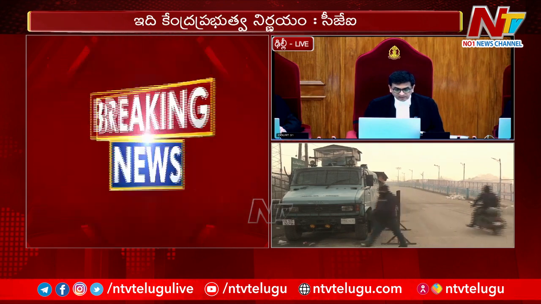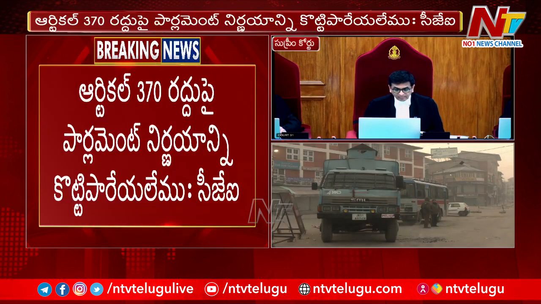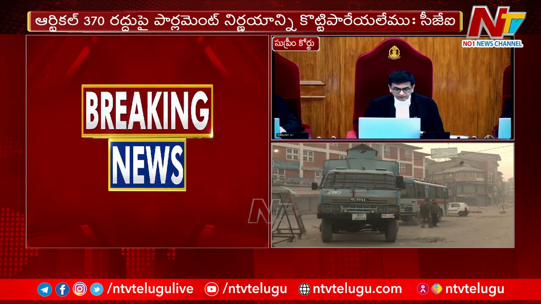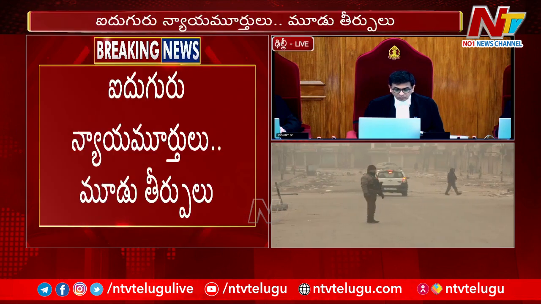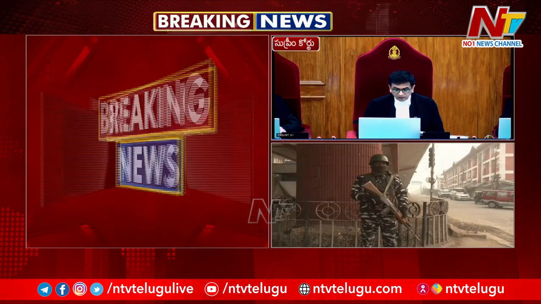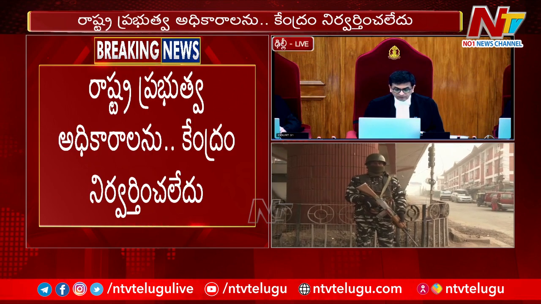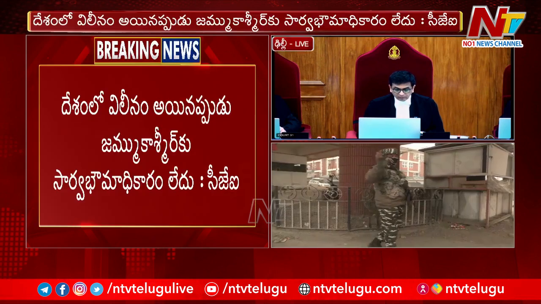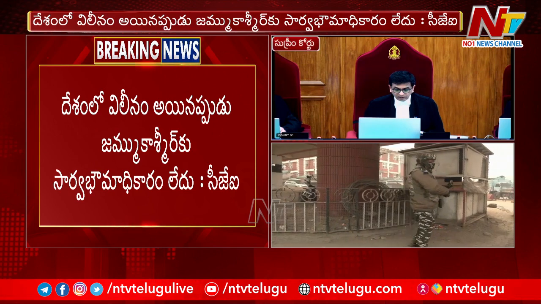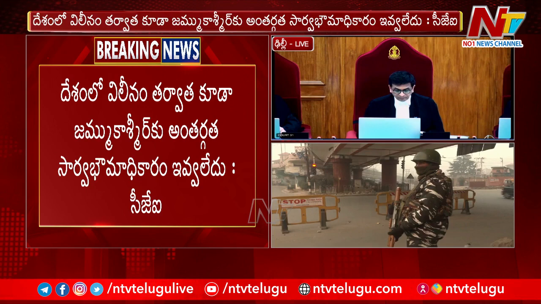Second, consultation and collaboration between both the units will only be necessary where the application of the provisions of the Indian Constitution to the state would require amendments to the state constitution, because the purpose of the requirements of consultation and collaboration is for the smooth functioning of governance in the state and to ensure that the provisions of the Constitution of Jammu and Kashmir are not inconsistent with the provisions of the Constitution of India.